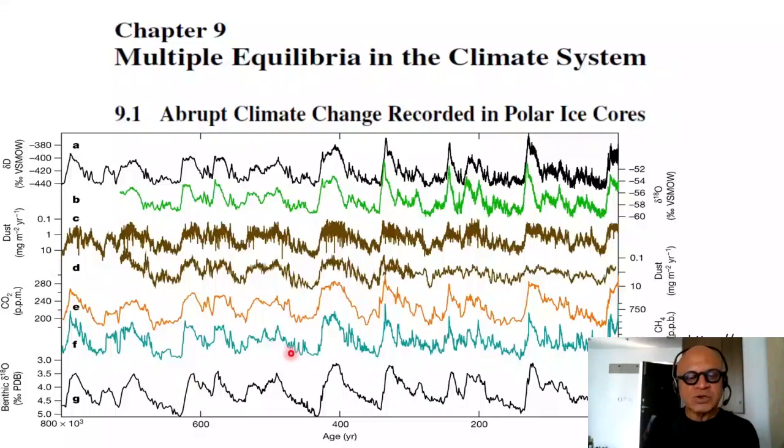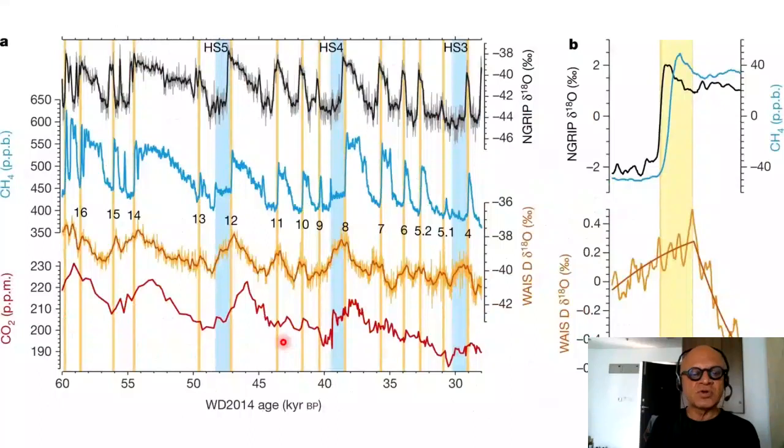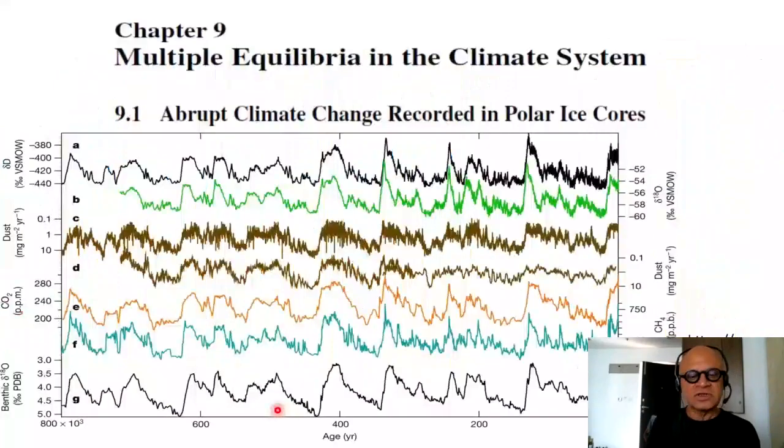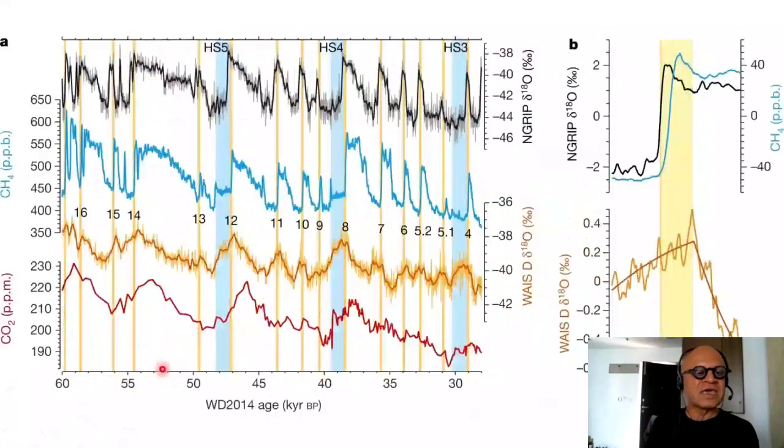There are shorter time scales which also show abrupt changes, so it's easier to go and look at them. So from the same place, if you zoom in to kilo years, here we are zooming in so that you can see much more of these abrupt changes.